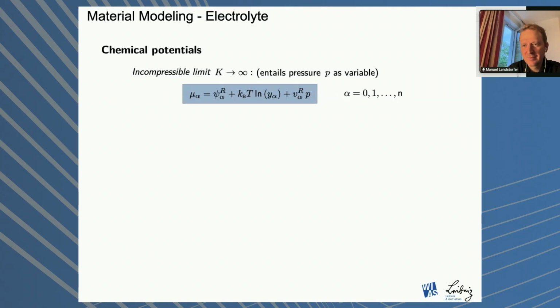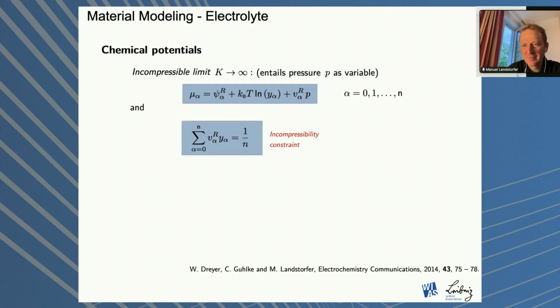That's a constant part, the chemical potential of the pure substance, plus kT ln y alpha. This is the entropic part of the chemical potential, or of the underlying free energy density, plus v alpha times pressure. And that's the mechanical part of the free energy density.